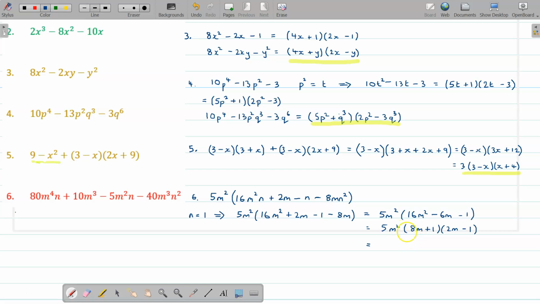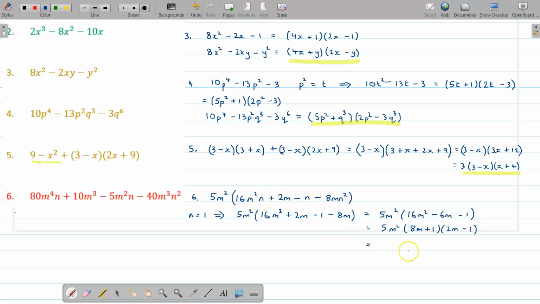For example, to give us our m squared n term, we're going to have an n either with the 8m or the 2m. So we need to turn one of those two terms so that they have an n with them. So it's either 8mn and 2m or 8m and 2mn in order to give us this 16m squared n, you see.